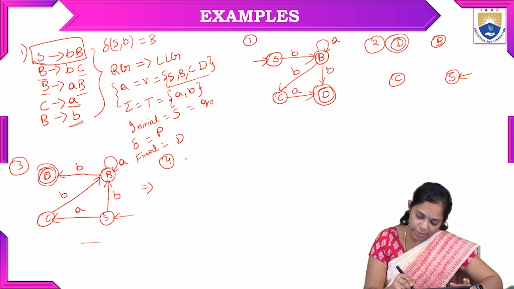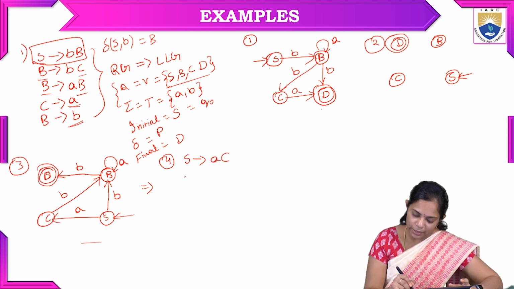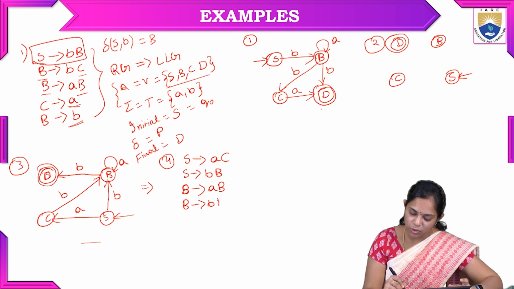Here we will write with the starting state S, whenever we are giving A as an input symbol, it is reaching the state C. And from S state, B as an input symbol, it is reaching B. And from S we already have the A, B input symbols, and we take the B state, and A as an input symbol, it is reaching the state B.